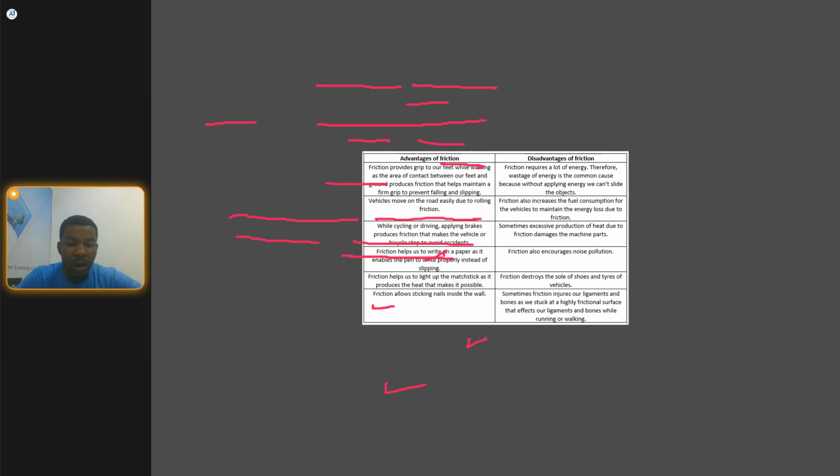So friction allows the nails to go inside the wall. Because while you are hitting the hammer on the nail, there's friction that takes place between the nail and the wall, which enables the nail to be entering the what? The wall. So friction also takes place in that scenario.